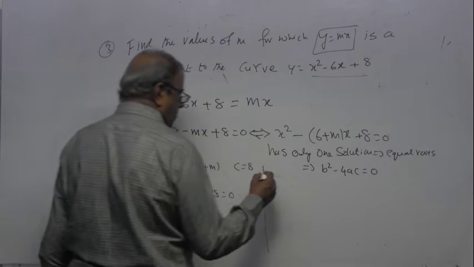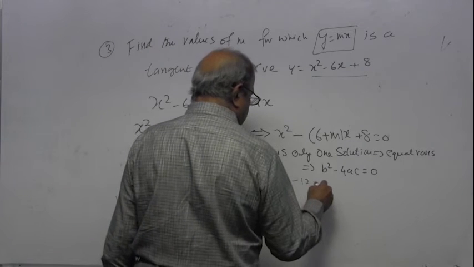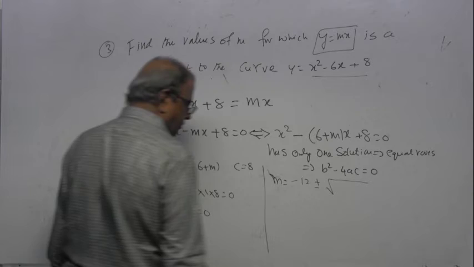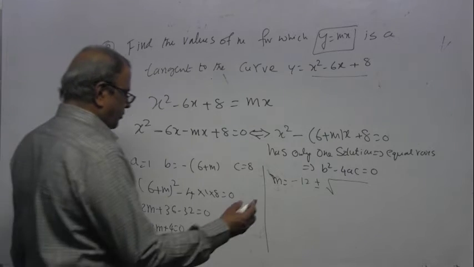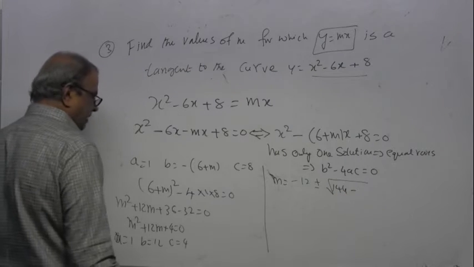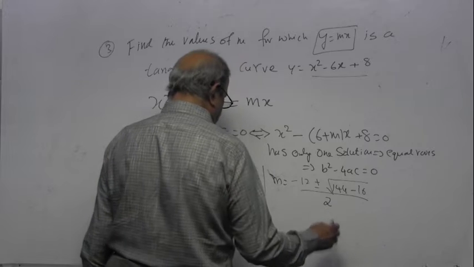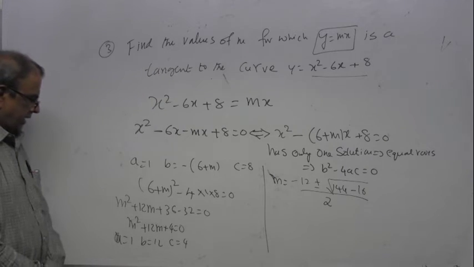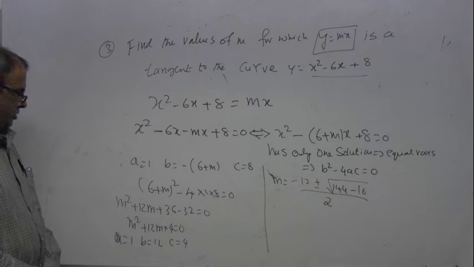So I would do m equal to minus b, which is minus 12, plus or minus the square root of b squared. B squared is 144, minus 4ac, which is 16, divided by 2a, which is 2. Have I read it correctly? Yeah, 6 twos are 12, 36 minus 32 is 4.